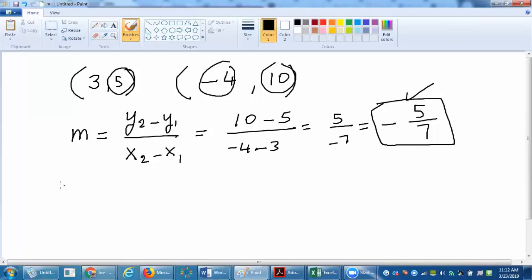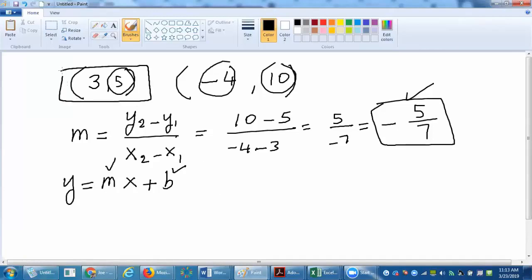Now, if you look at the equation y equals mx plus b, if you find the slope, then all you have to do is find b, the y-intercept, and then you can write the equation of the line in slope-intercept form. So let's use one of these points, (3, 5). So y is 5.